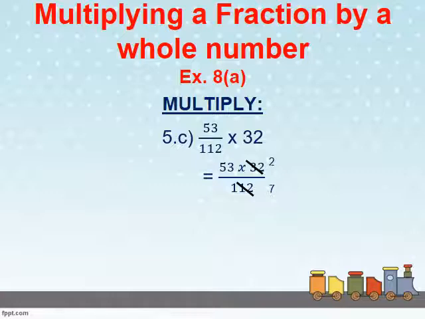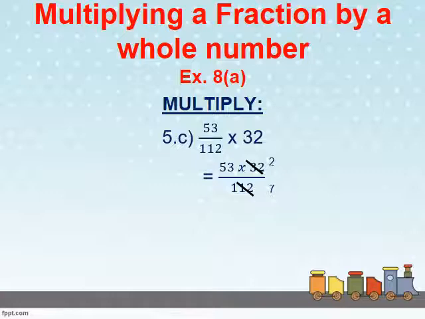So we have to divide the numerator and the denominator by a common number. In this sum, we are dividing the numerator 32 and the denominator 112 by the common number 16. And what do we get? We get 32 divided by 16 is equal to 2, and 112 divided by 16 is equal to 7.